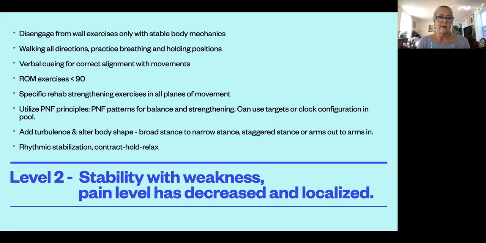And then you can start adding turbulence and alter somebody's body shape and go from a broad stance to a narrow stance to a staggered stance, to arms out to arms in. And then those rhythmic stabilizations, contract, hold, and relax.